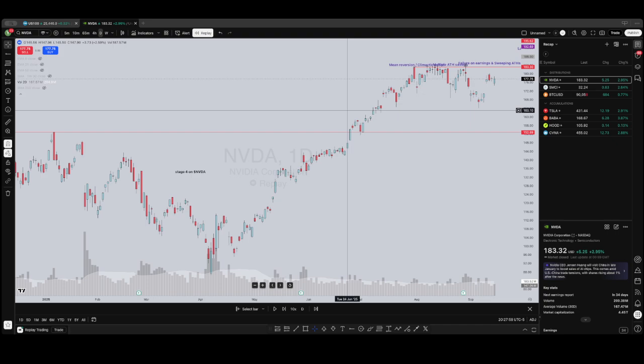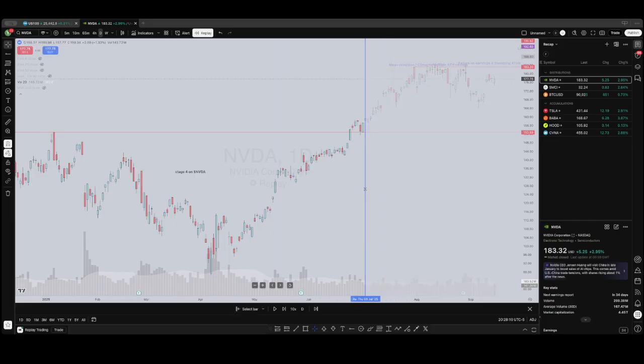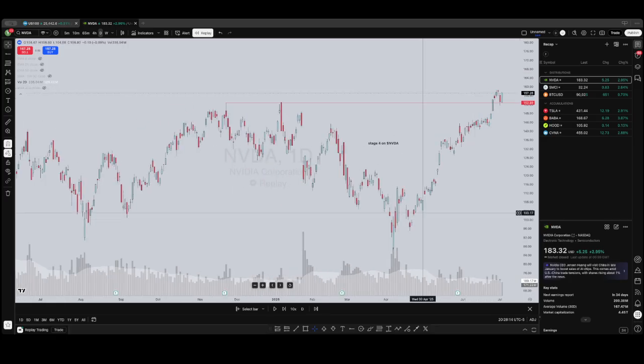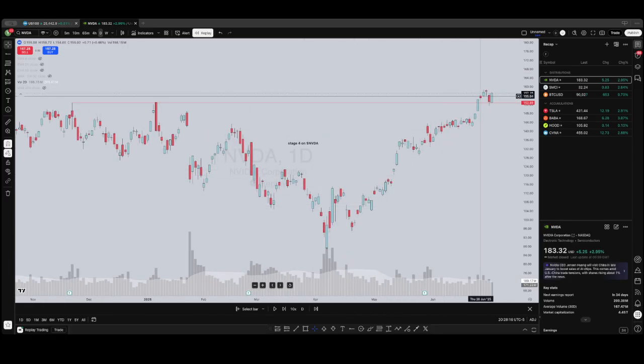However, notice how I said most likely, because there are certain times where we will be wrong. A case of that is on the same NVIDIA chart from back here. NVIDIA did rip up into this all-time highs test without any true consolidation. This was just kind of a straight line up.